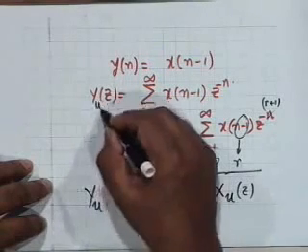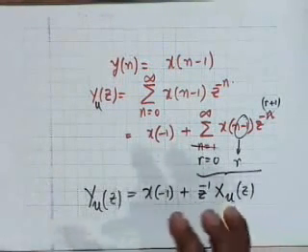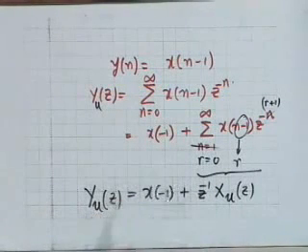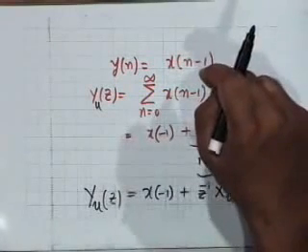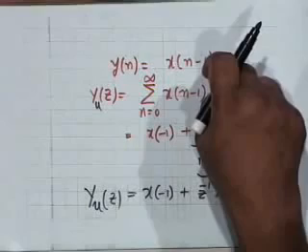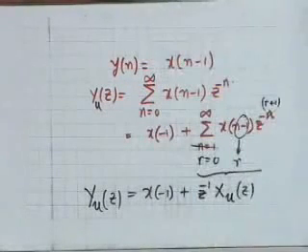This is the unilateral z transform, Y u of z. This is the difference one has to remember. That is, the unilateral z transform, if the function is delayed or advanced, will be quite different from the bilateral z transform.